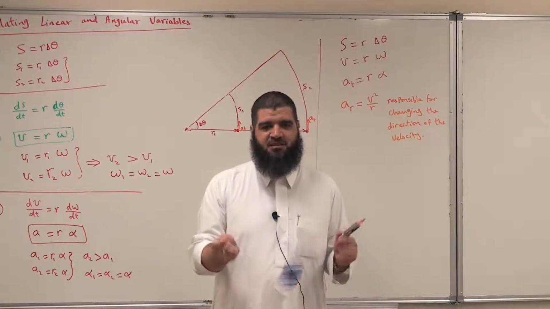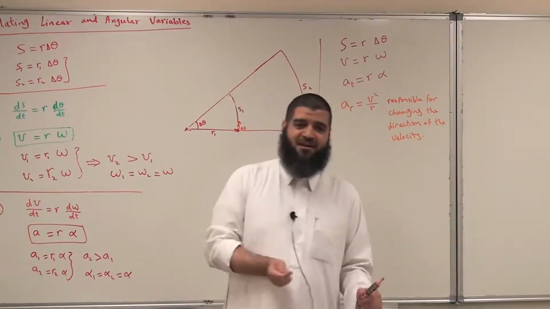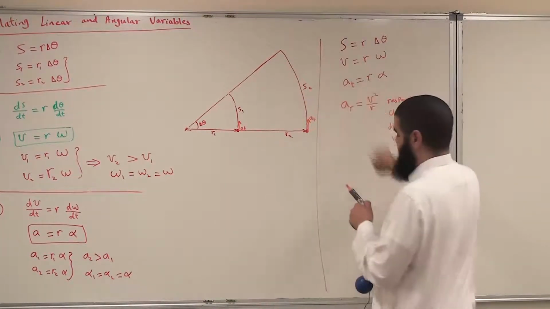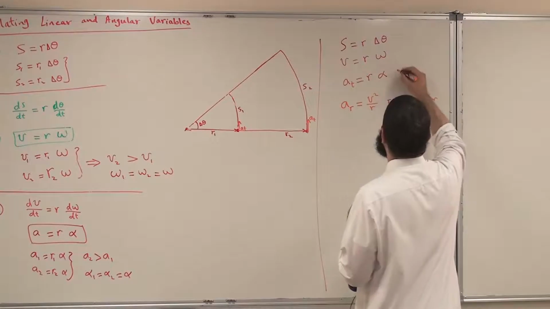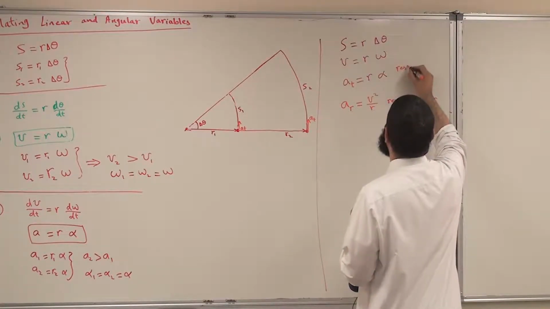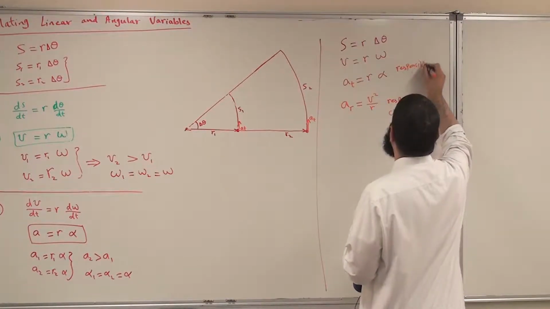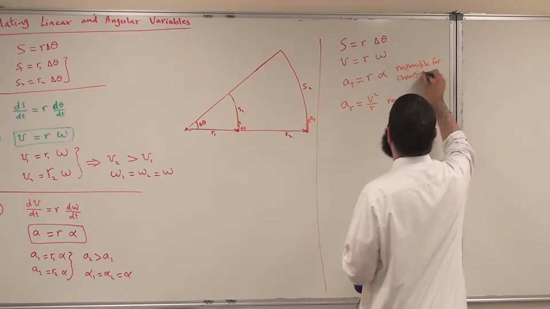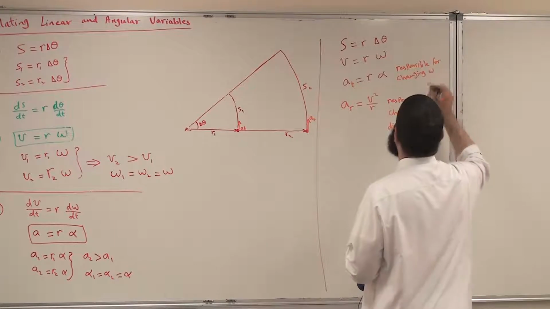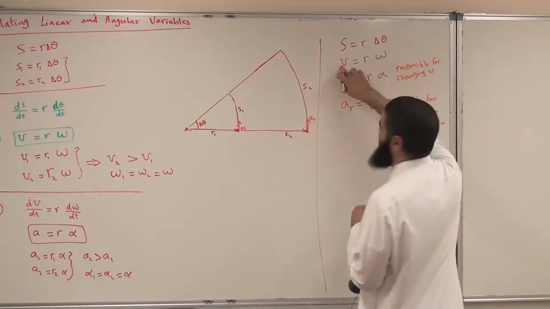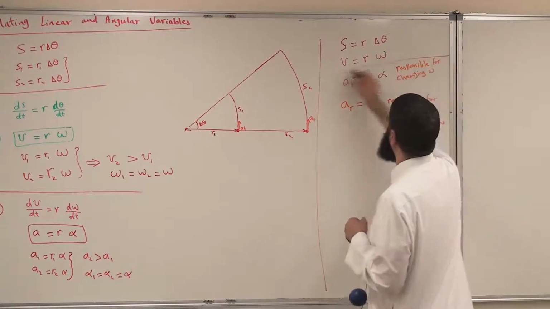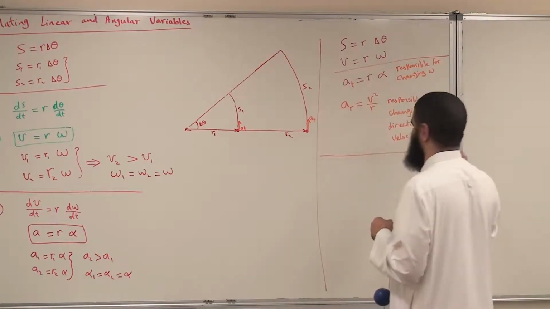If I have a change in the omega, you will have alpha. And if you have alpha, you will have tangential acceleration. Okay, so I should write here, this is responsible for changing omega. And if you have a change in omega, you will have a change in V. Okay, so I hope this is clear for everybody.